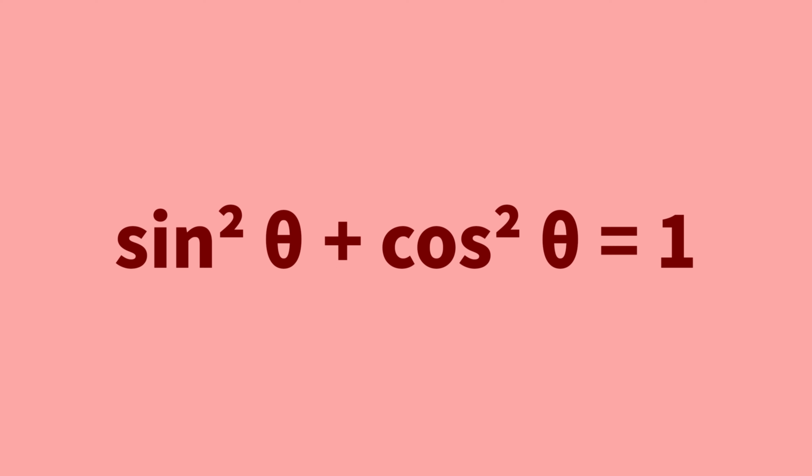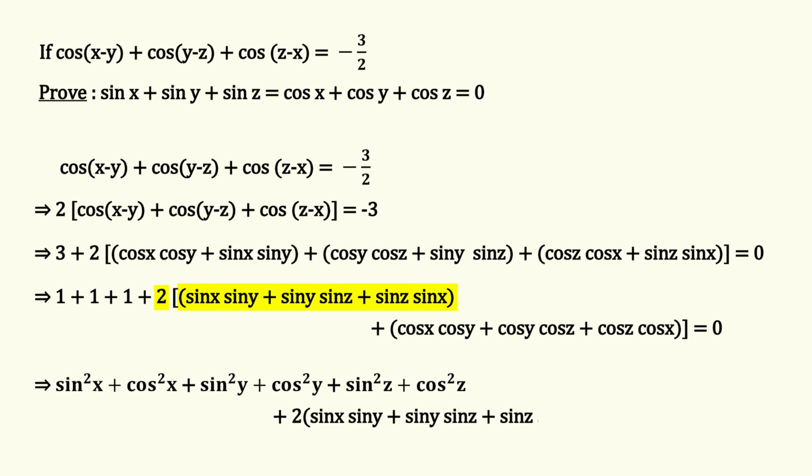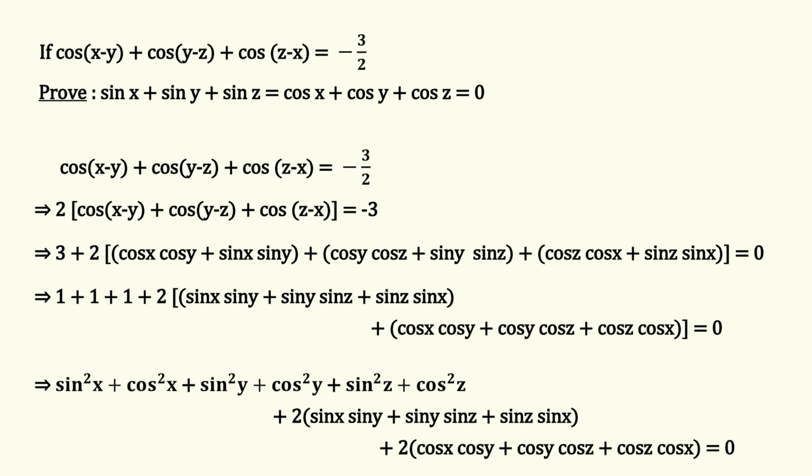So by using this identity, in place of the first one, we will write sin square x plus cos square x. In place of the second one, we will write sin square y plus cos square y. And similarly, in place of the third one, we will write sin square z plus cos square z. Then open the square brackets and write plus 2 times this sin expression plus 2 times this cos expression. And don't forget to equate it with 0.